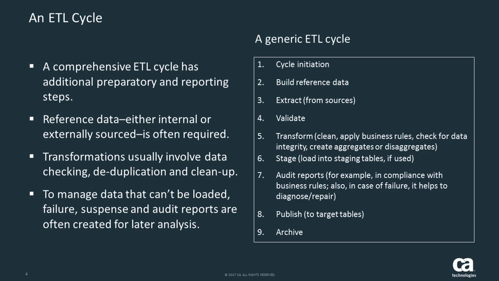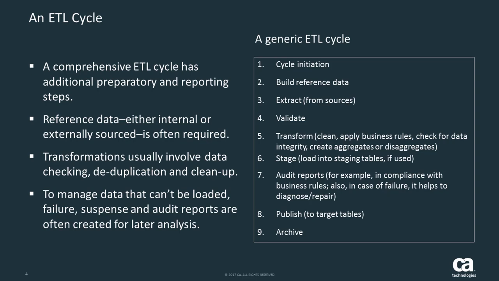Sometimes there's a lot of validation required to filter out all the less accurate data that might have been entered in an unvalidated system perhaps. Then the transformation is where the data is merged, deduplicated, cross-referenced with reference data, aggregated or disaggregated, and then loaded into often a staging area ready to be loaded into the final tables.